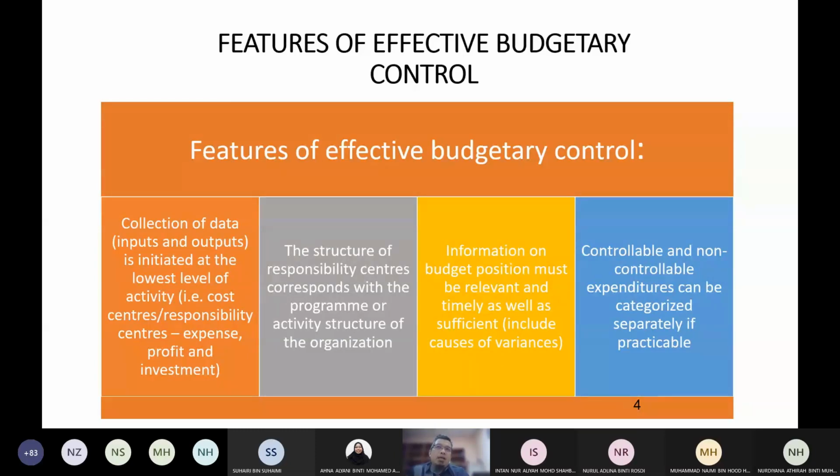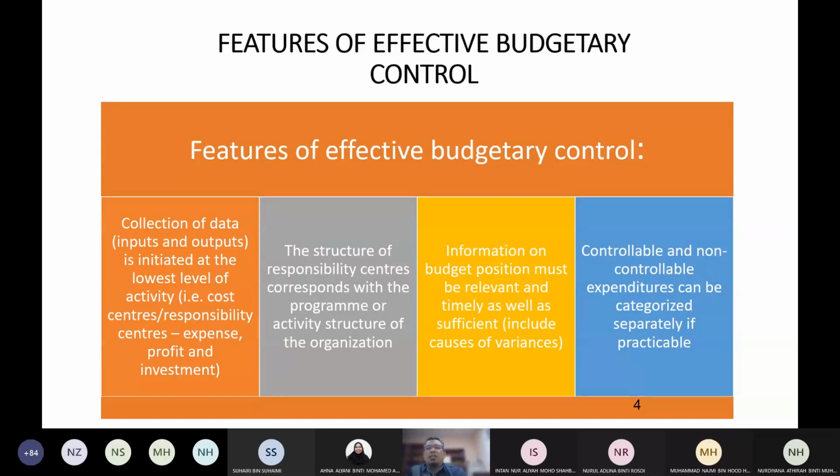Also, there is a manager in charge and responsible for it, who must achieve the results. Secondly, there is funding for that center, for them to function as a responsibility center. So the structure of responsibility centers corresponds with the program or activity structure of the organization. Programs are generally for budgeting purposes, isn't it? So for budgeting purposes, the program will be provided.